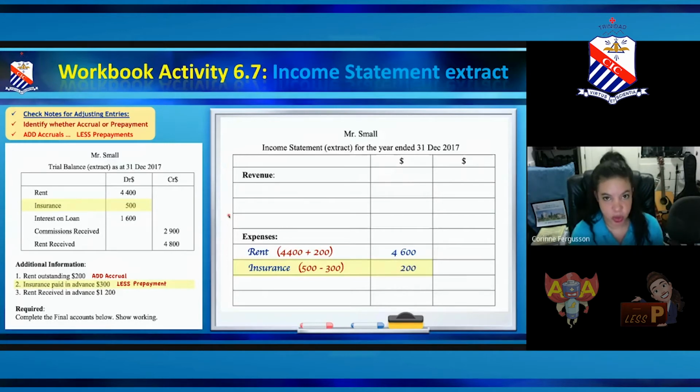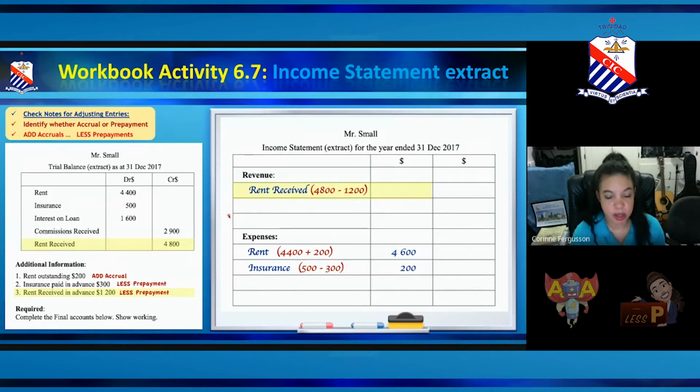And the answer would be 200. After you do that, you go to the next one, rent received in advance, which is a prepayment. So therefore, you would just find the amount in your trial balance. Since it's revenue, you will go under revenue. You write rent received and you put the working for it.